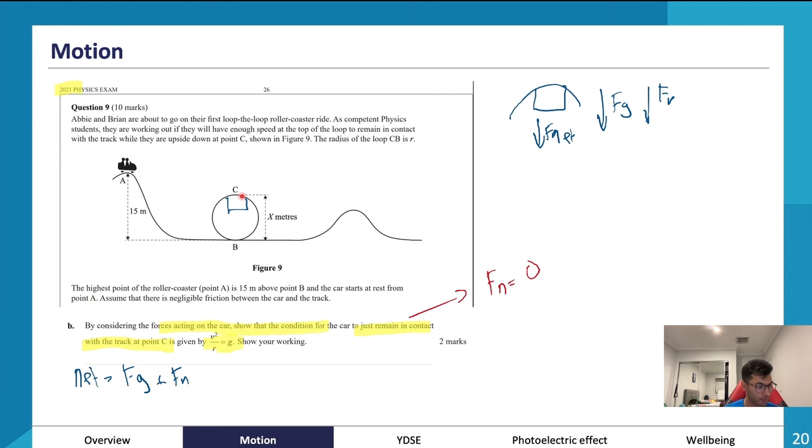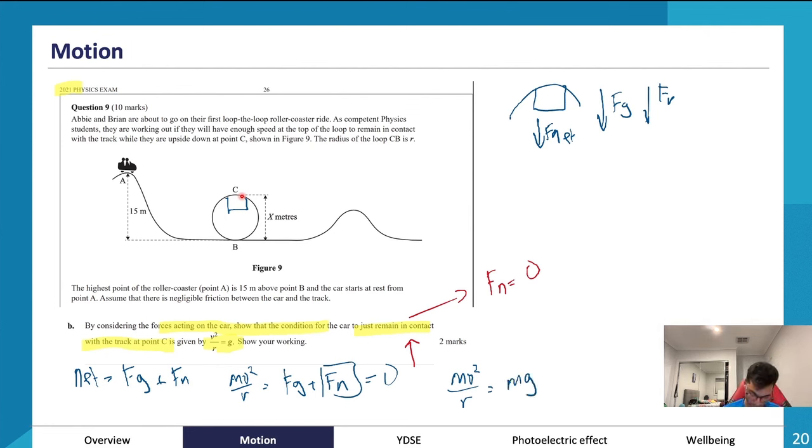We can calculate the net force by using mv squared on r. So mv squared divided by r is equal to the force of gravity plus the force of normal. Since we know the normal force is equal to 0, which we got from this information, mv squared divided by r is equal to the force of gravity, which is just mg.